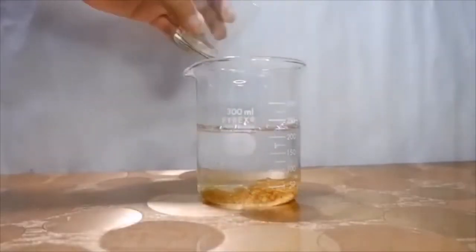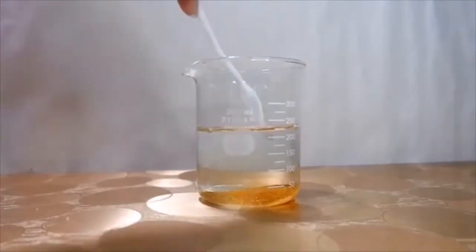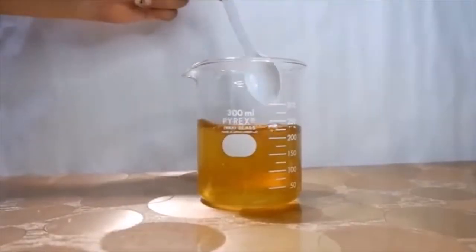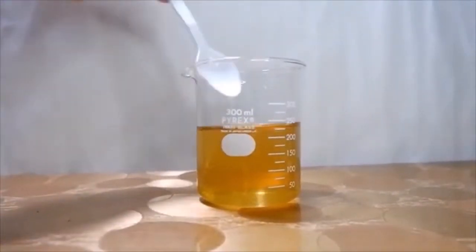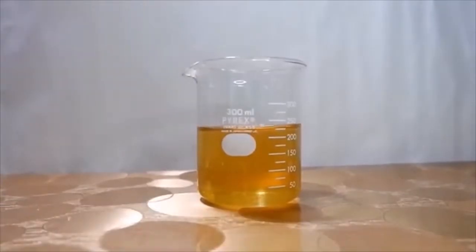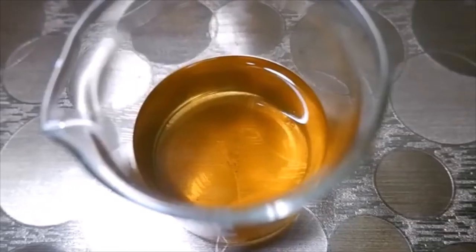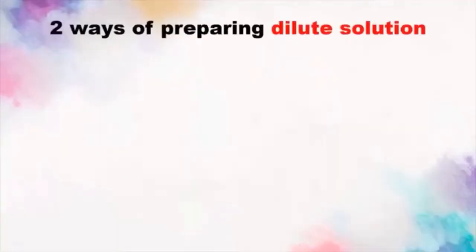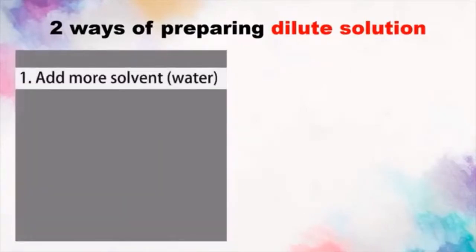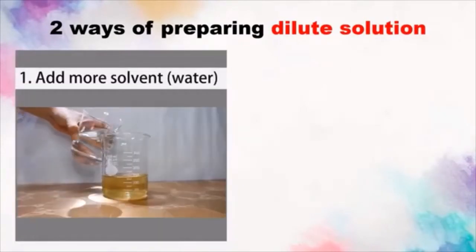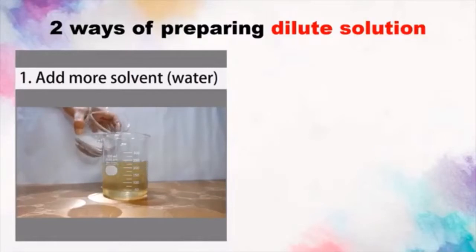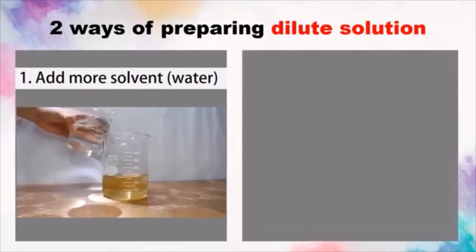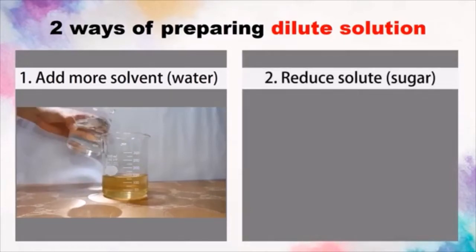Instead of having more sugar, it has now less sugar because it has been reduced. It has less sugar and more water. Its color is light yellow. So again, the two ways of preparing dilute solution are by adding more solvent or water, and by reducing the solute or sugar.